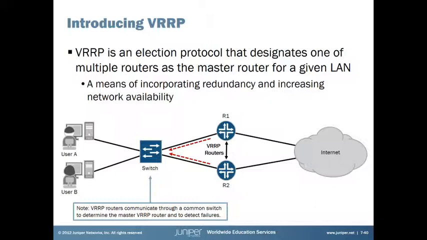So here's a scenario where we have VRRP, which allows us to have multiple gateways on our network. One is the master, one is the slave. So it's a failover mechanism, a means of incorporating redundancy and increasing network availability. They communicate through a common switch to determine the master VRRP router and to detect failures.